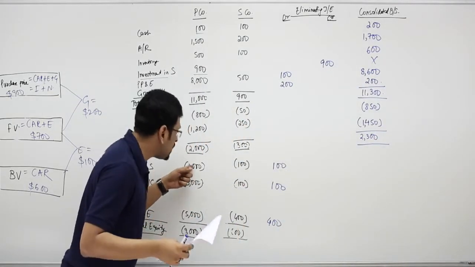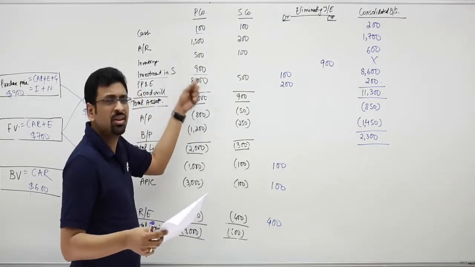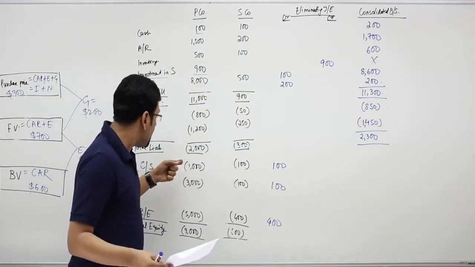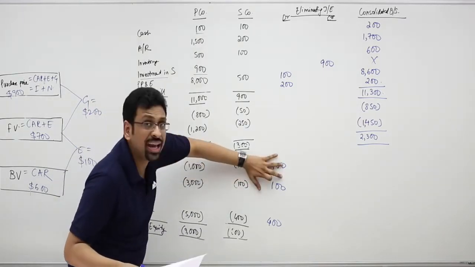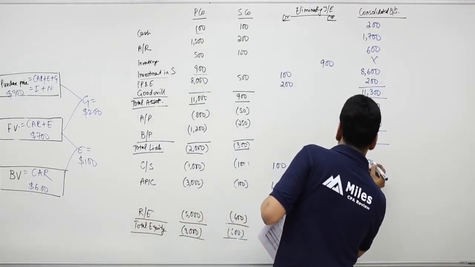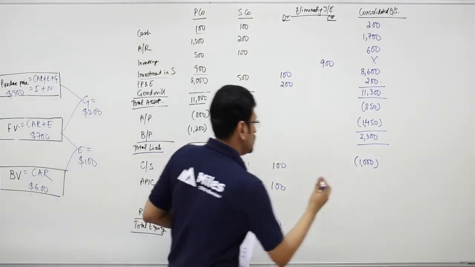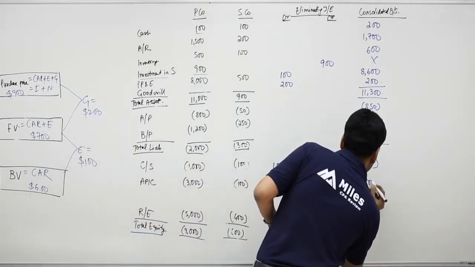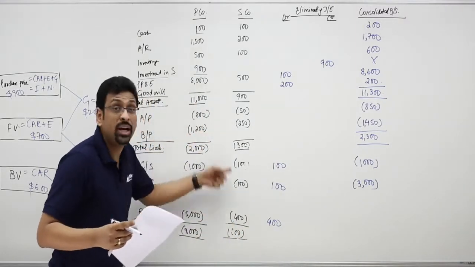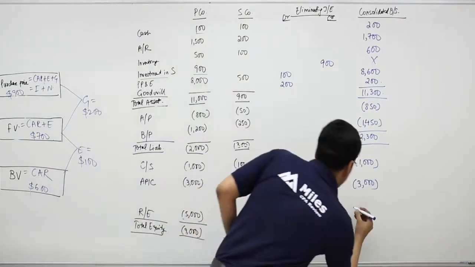Now, my equity, my common stock, your common stock, but your common stock, I own it. It's no longer outstanding. So it's going to be my common stock, your common stock eliminated. So it's just my common stock, $1,000. My APIC, not your APIC, my APIC, $3,000. My retained earnings, not your retained earnings, that's eliminated. I own it, I bought it, I acquired it. It's only $5,000 here.